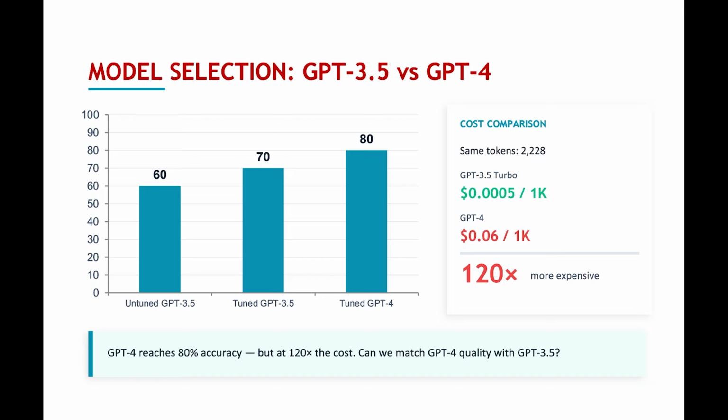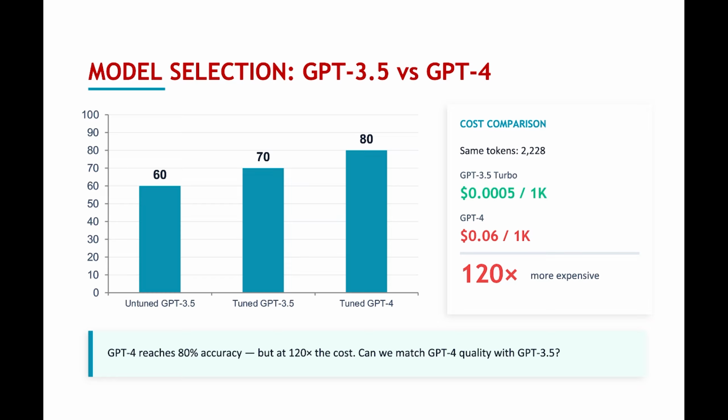The token count stays the same at 2,228 since both models use the same tokenizer, but GPT-4 costs 6 cents per 1,000 tokens versus GPT 3.5 at 0.0005 cents per 1,000 tokens. That makes GPT-4 120 times more expensive for only a 10% performance increase.